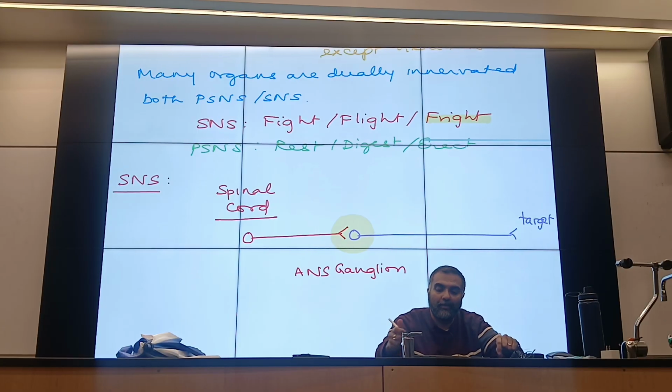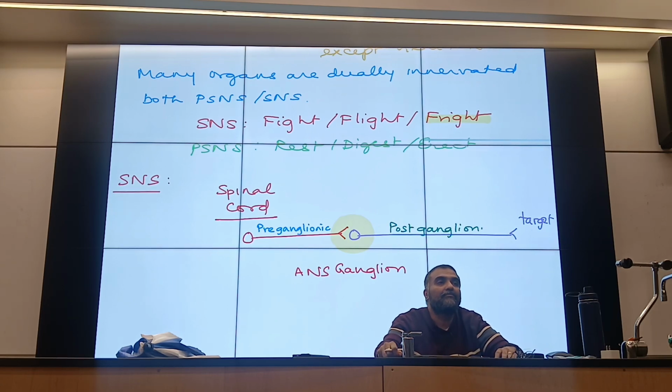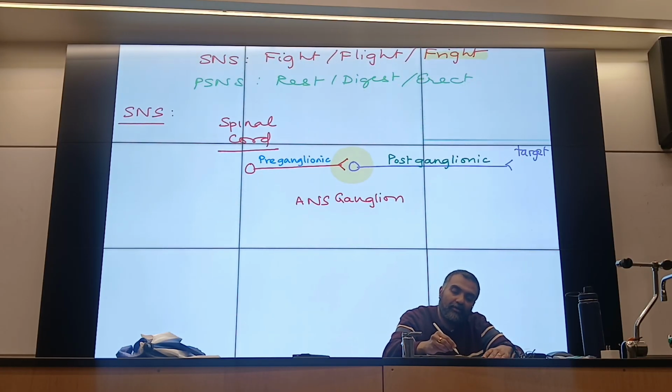This is a very short neuron, correct? So the name of this is preganglionic, and this is postganglionic. The names should make a lot of sense, yes? Pre and post.